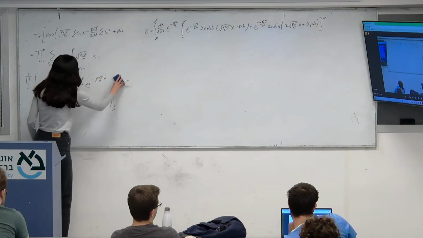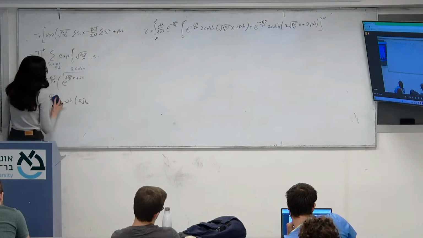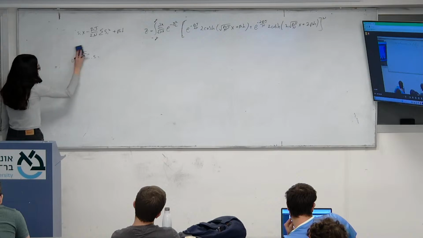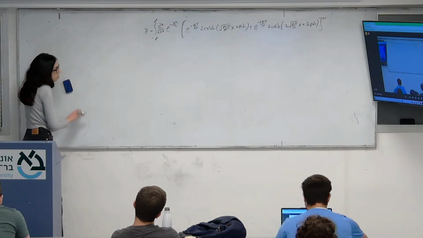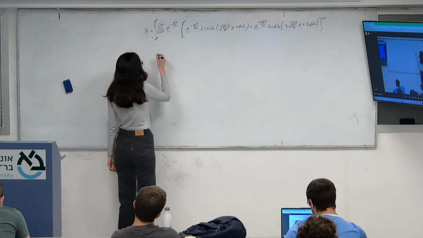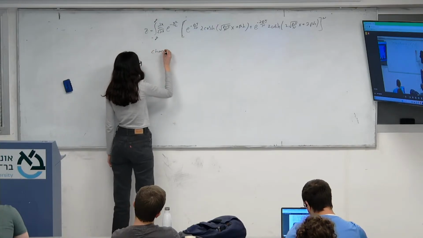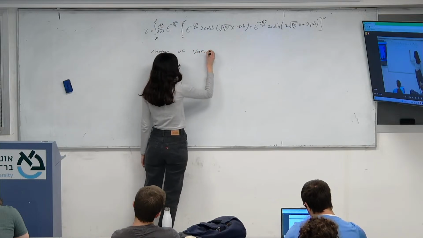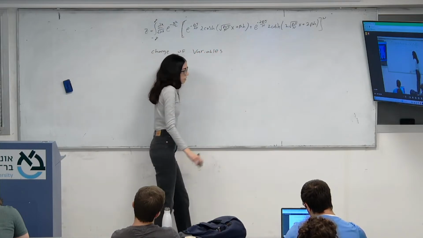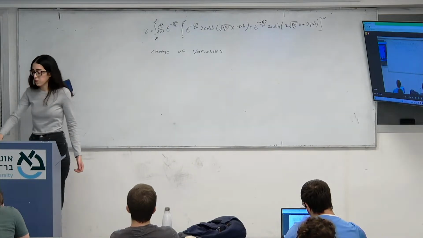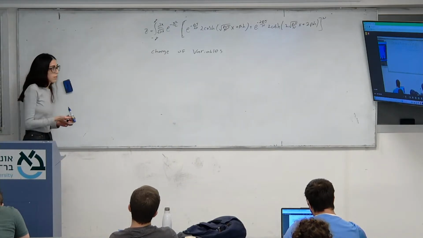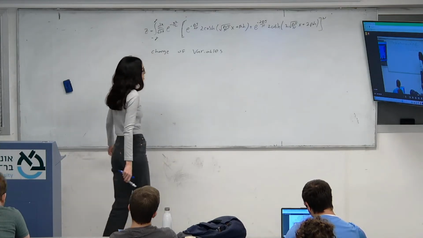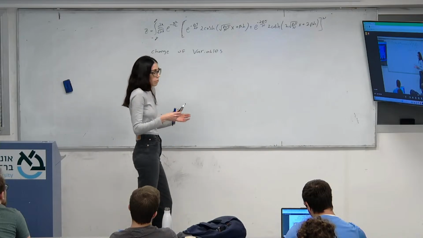But before that, we're going to do a change of variables just to make the units more convenient. This is not like a trick or something that we necessarily need to do, but just later, when we find the free energy, we won't have to reorganize everything. So it's just technically more convenient to do.